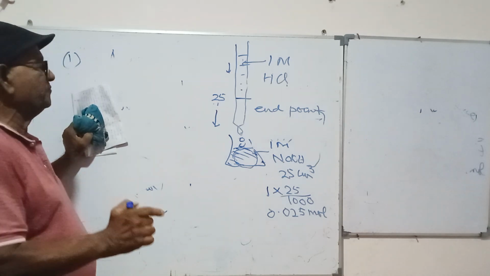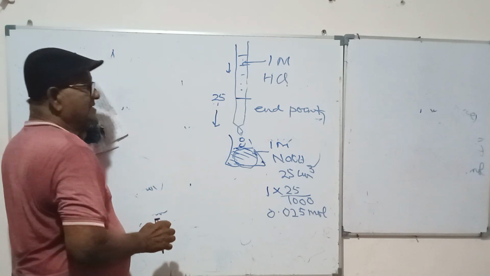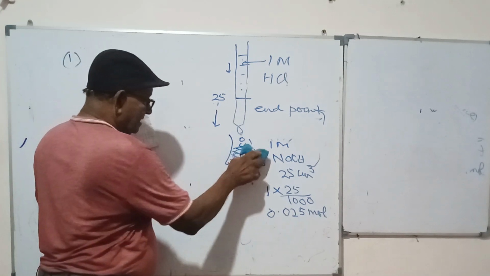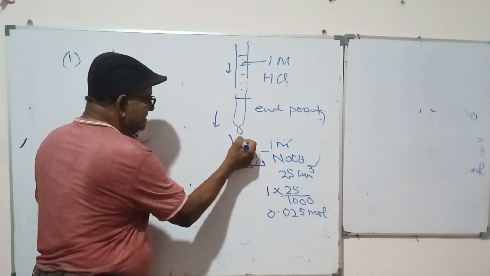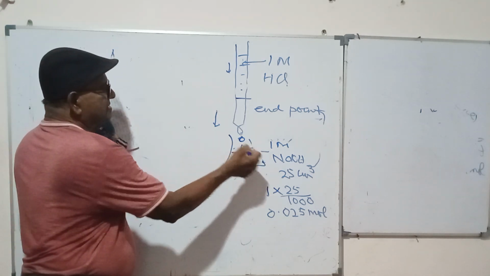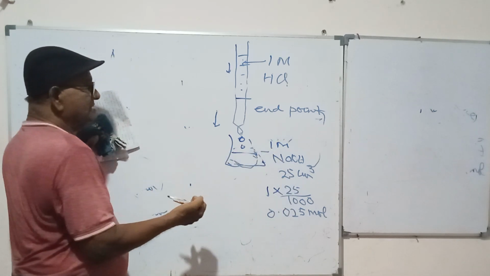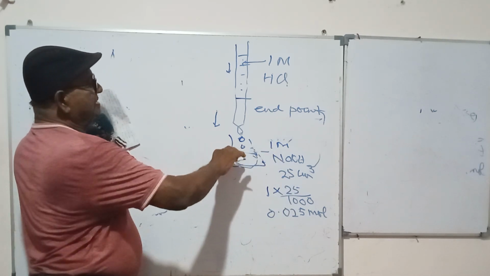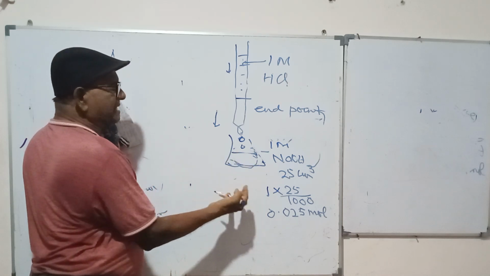So we are going to find out that volume, right? Then how do we know that? When we are adding HCl dropwise, little by little the reaction proceeds, then how do we know whether the reaction has completed or not?